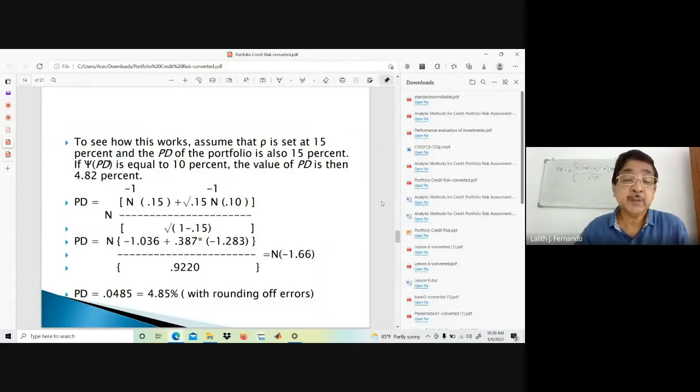We will start the session again. I think you have already noted down the Vasicek model formula. Now we will see how we can apply the formula into day-to-day activities.